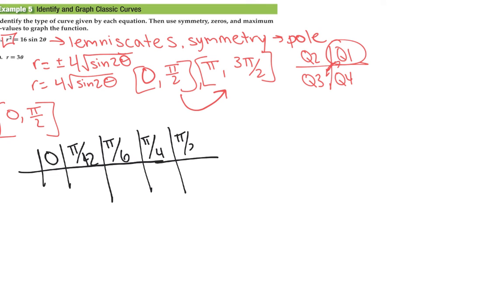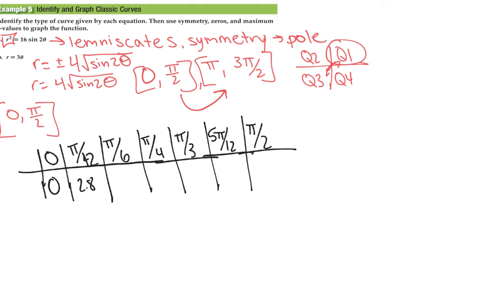Pi over 3, 5 pi over 12, and then pi over 2. So we really only need to focus on the interval from 0 to pi over 2, because everything will be mirrored to the other side since we've got that plus or minus. Plugging these into your calculator, I'm going to give you the decimal version.